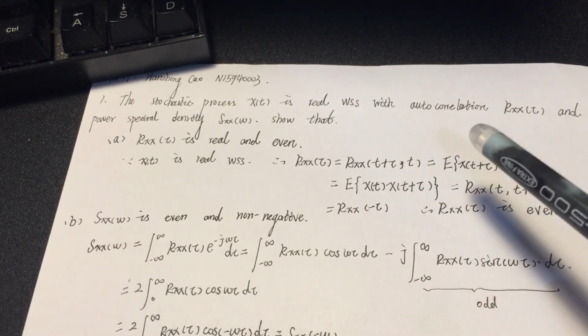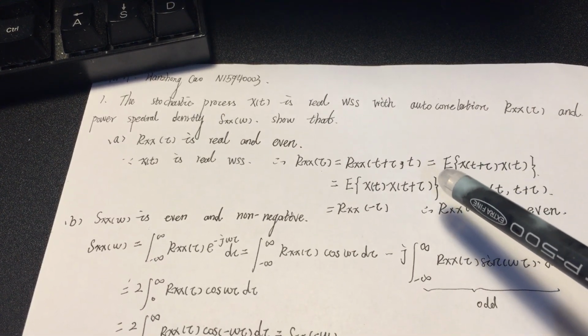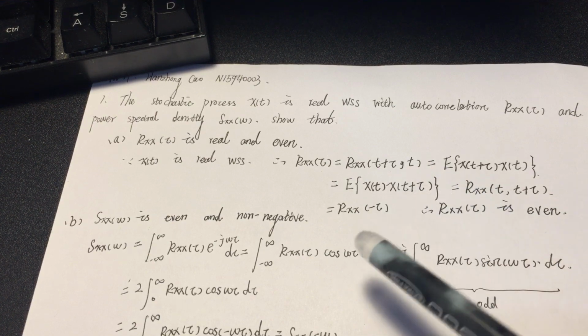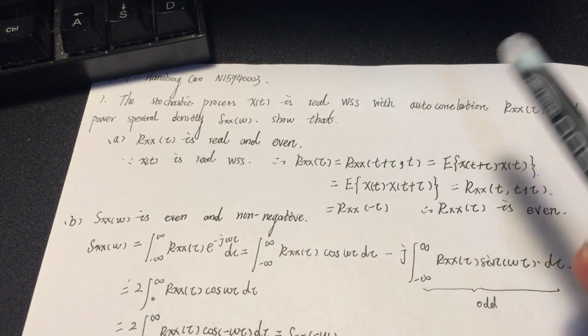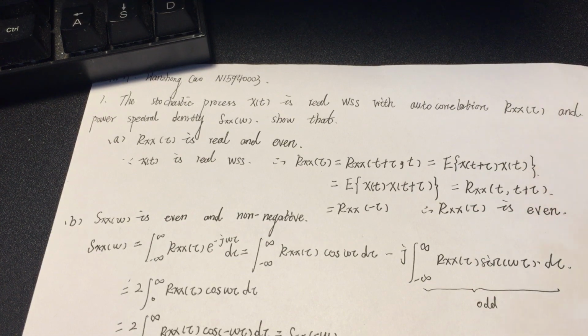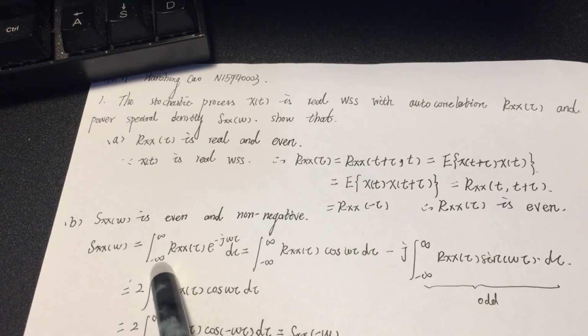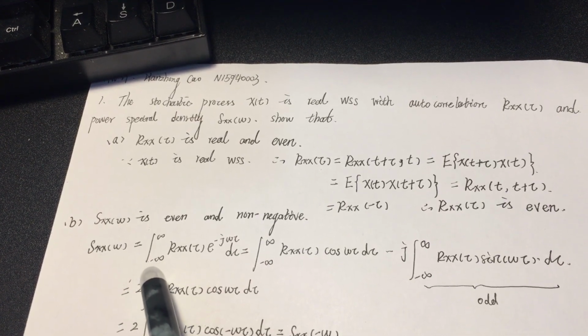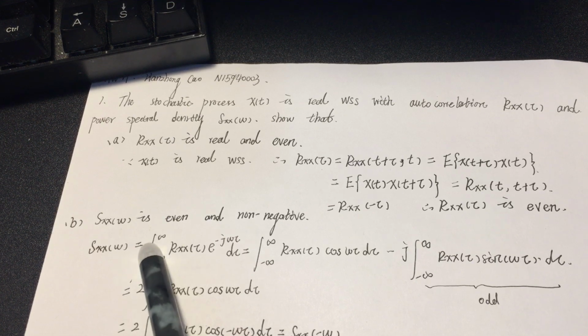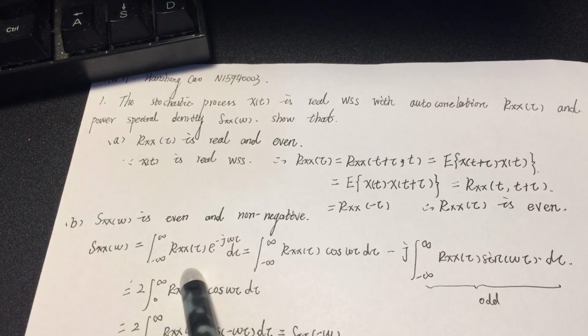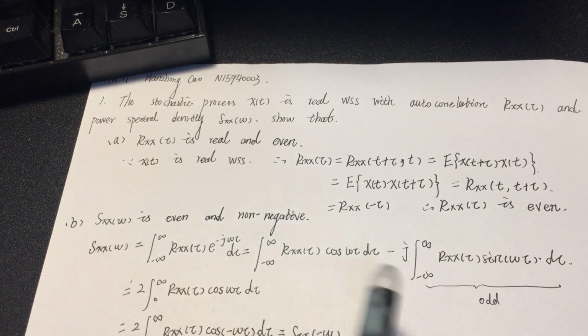And question B wants us to prove that Sxx(omega) is even and non-negative. We know that Sxx(omega) equals the integral from minus infinity to infinity of Rxx(tau) multiplied by e to the power of minus j omega tau.